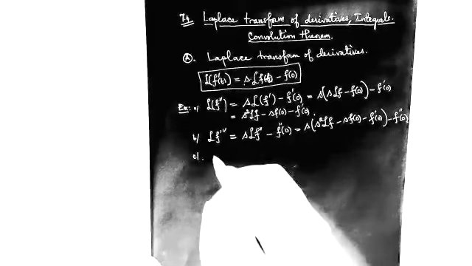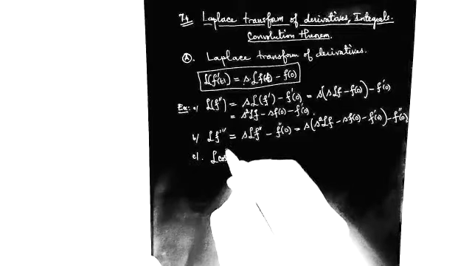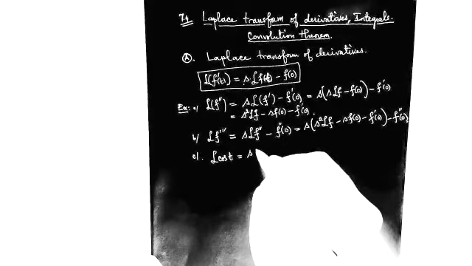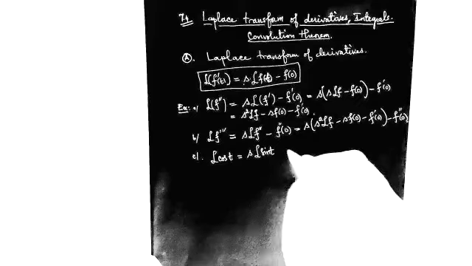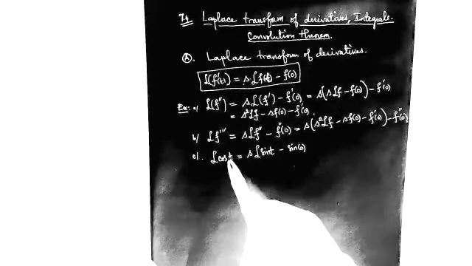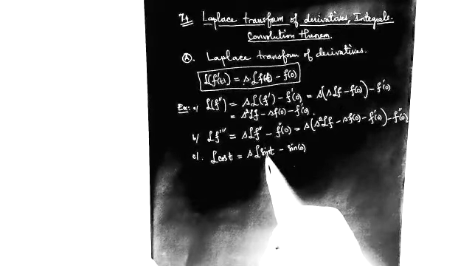I can say Laplace transform of cosine of t is s Laplace transform of sine t minus sine of 0, because cosine t is the derivative of sine t.